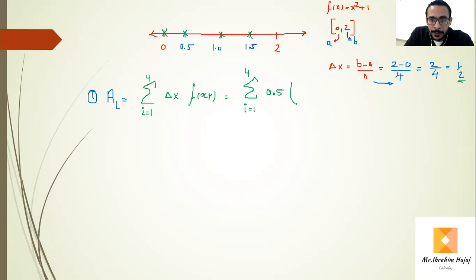So pay attention please. When you work with the left endpoints rule, you have to use only the points from the left, except this last one, 2. The leftmost points: 0, 0.5. How to do it? I'm going to find f of 0 plus f of 0.5 plus f of 1.0, or 1, plus f of 1.5 only.